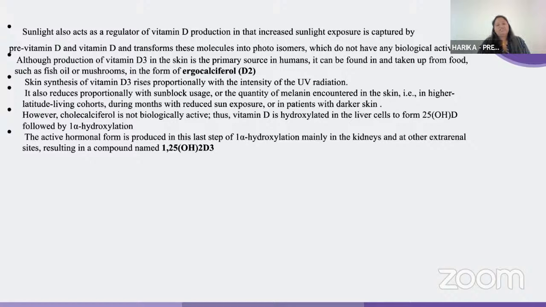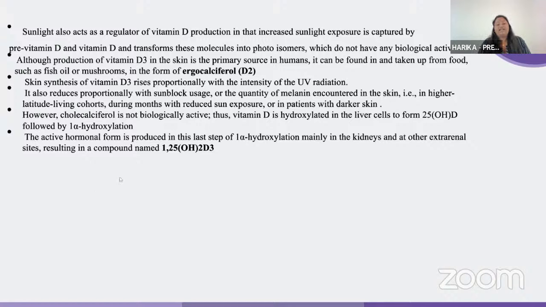cholecalciferol is hydrolyzed by liver cells and forms 25-OHD, and that 25-OHD finally converts by 1-alpha hydroxylation.